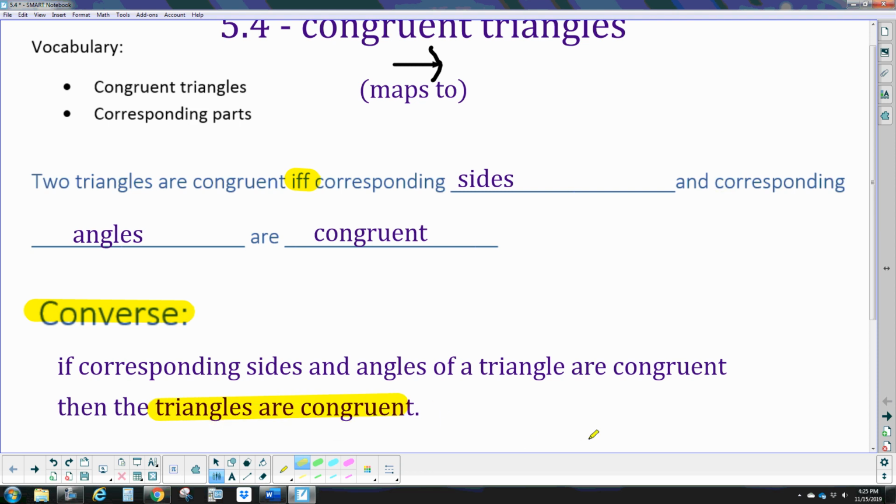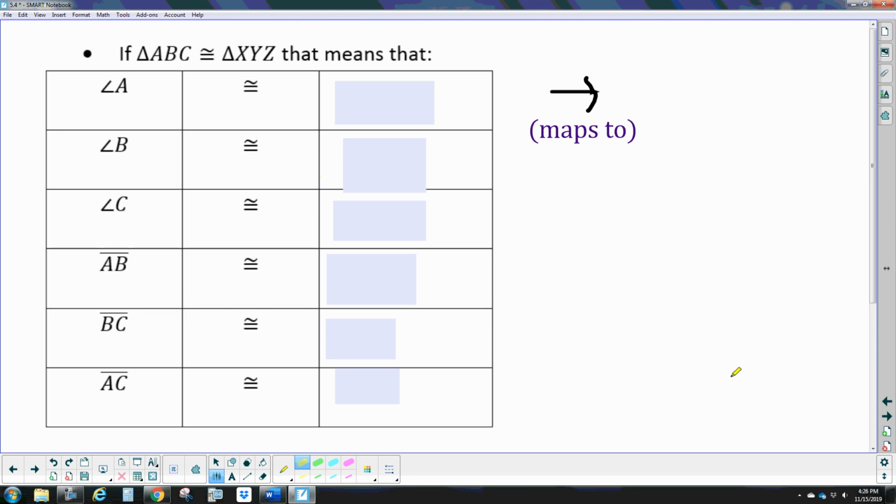So in order to have congruent triangles, all of the corresponding sides and angles have to be congruent. And if they are congruent, then the triangles are congruent. So instead of saying maps to, instead of having a mapping statement from a pre-image to an image, we have a congruence statement.